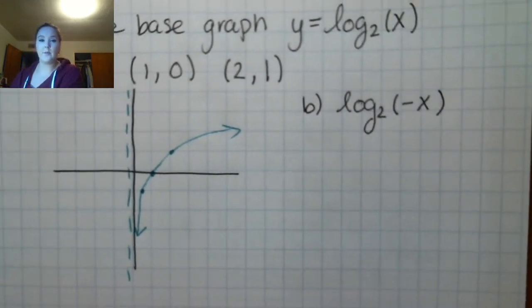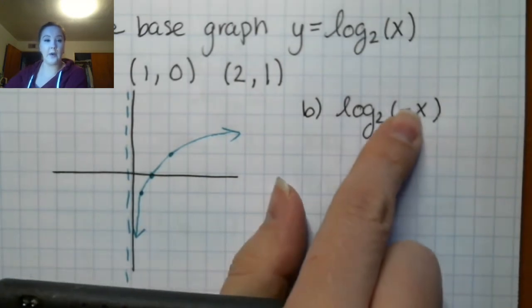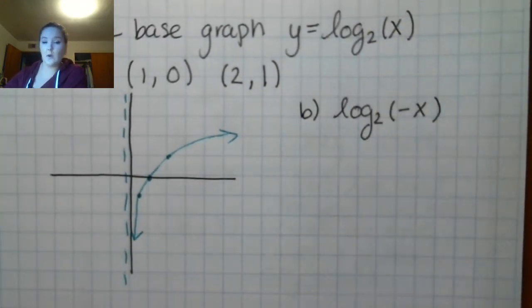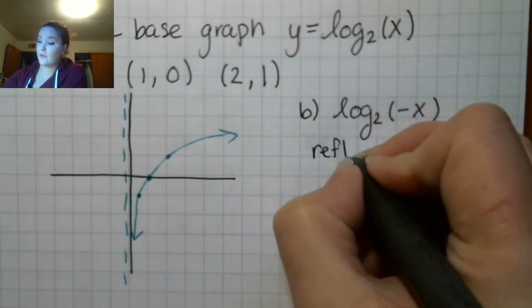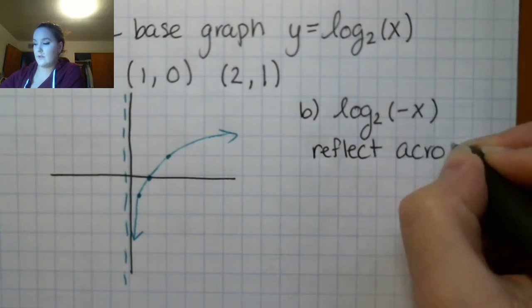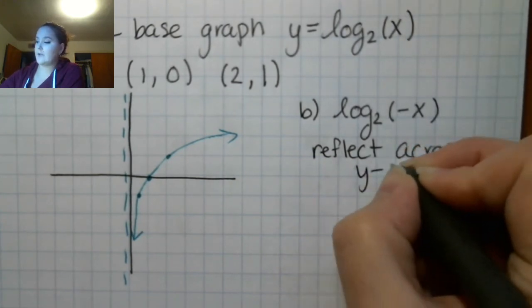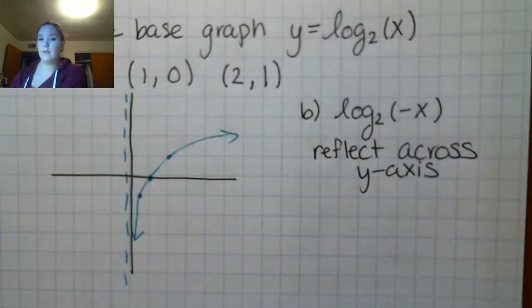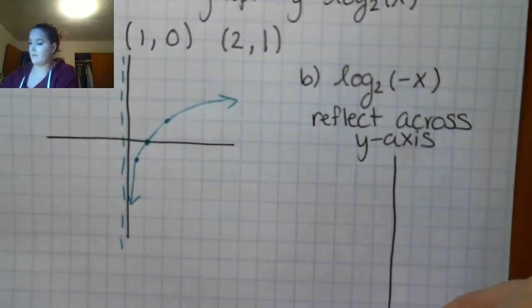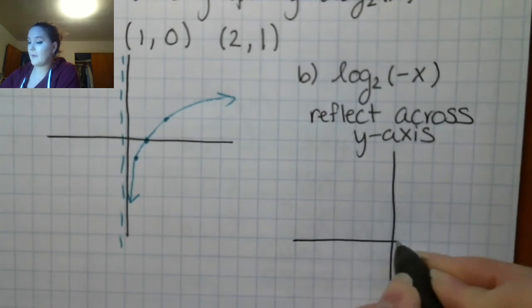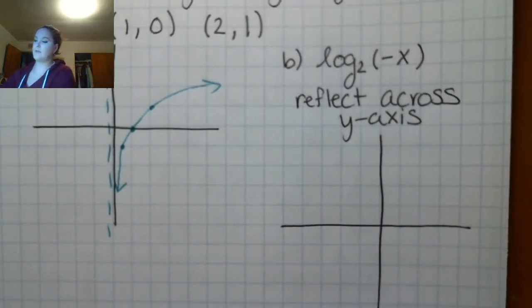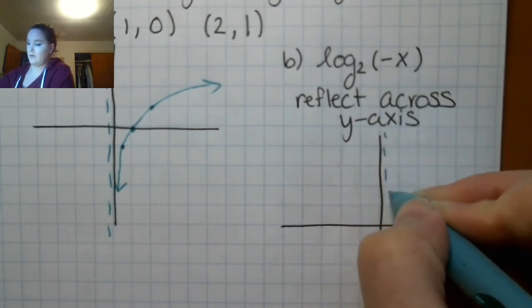Because this is inside of the graph, we know it's going to affect the x coordinates. We know that negative signs always reflect, so we're going to reflect the x coordinates, which is across the y-axis. Let's look at what that graph would look like. We're still going to have our vertical asymptote here at 0.